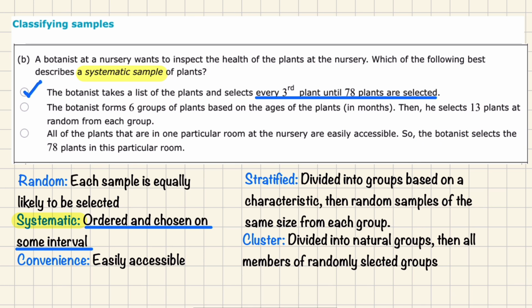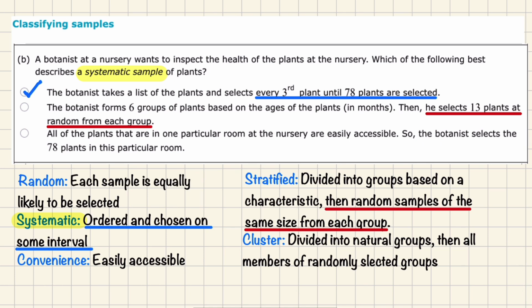But reading through the other options, the next says the botanist forms 6 groups of plants based on the ages of the plants in months. And then he selects 13 plants at random from each group. So there's grouping and randomly selecting the same number from each group. This would be another example of stratified sampling.